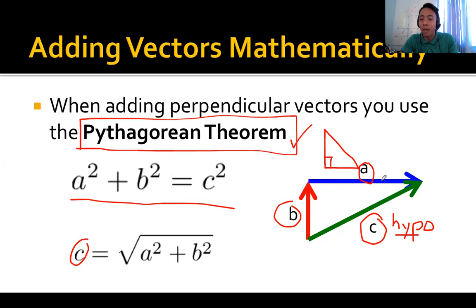It's based on the angle inside. For example, the angle is here. We will call the angle theta. So this part is the opposite, and the line beside it is the adjacent.